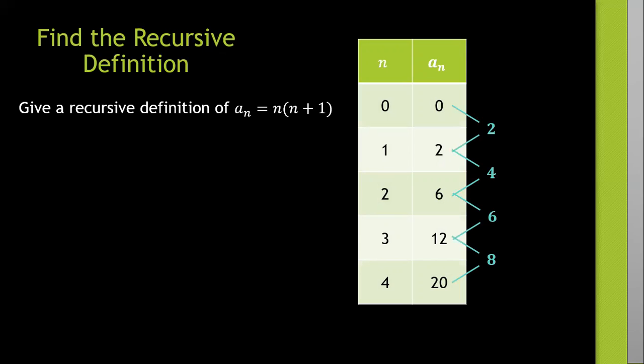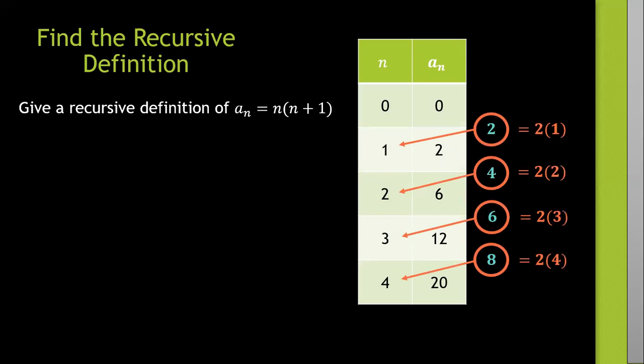Well, at least those are numbers I'm familiar with. In fact, closer examination tells me they're double the n value. So that provides my guess. I'm going to guess that a sub n is equal to a sub n minus 1 plus 2n. And I can use the previous techniques we've mentioned to actually see if that is the correct answer.